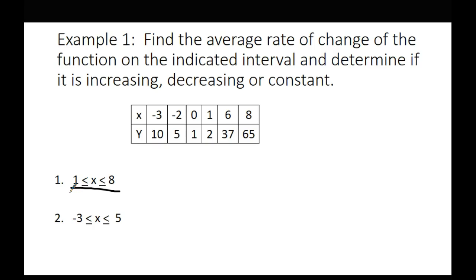Those are x's. You can tell because of the x right in the middle there. So we're going from x equals 1 to x equals 8 for number 1. Okay, so let's do it. We want to find the average rate of change. That's just a fancy word for what? Slope. So we're going to do y2 minus y1 over x2 minus x1, right? So what should we call this one?